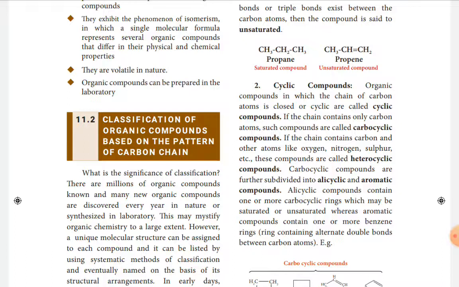Then carbocyclic compounds are further classified into alicyclic and aromatic. Alicyclic means they have one or more carbocyclic rings, may be saturated or unsaturated. The aromatic compounds possess one or more benzene rings having alternate double bonds between the carbon atoms. Examples are given.